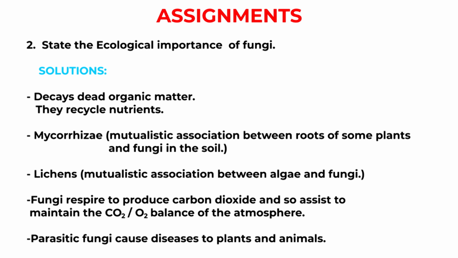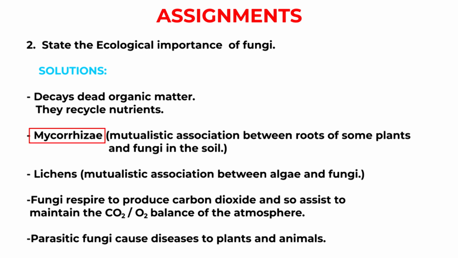And then the roots also gives the fungi protection because some of the fungi lives inside the roots, and we call that mycorrhiza. The mycorrhiza is a mutualistic association between the roots of some plants and fungi in the soil.